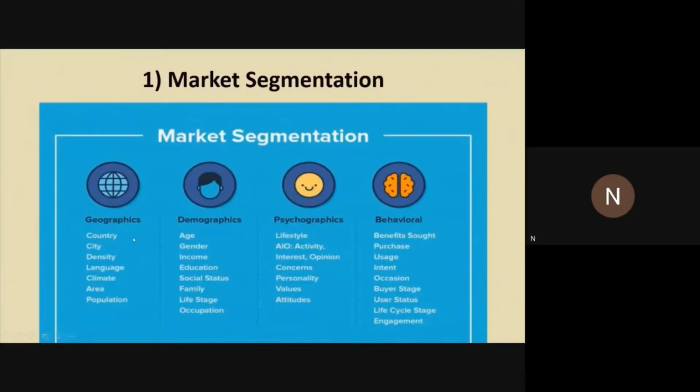Market segmentation can be categorized into four parts. Geographic segmentation means segmenting the market based on country, city, density, language, and so on and so forth. For example, cosmetic companies segment the market based on region or climate, whether they are serving the Middle East, Asian, Western, or African market.